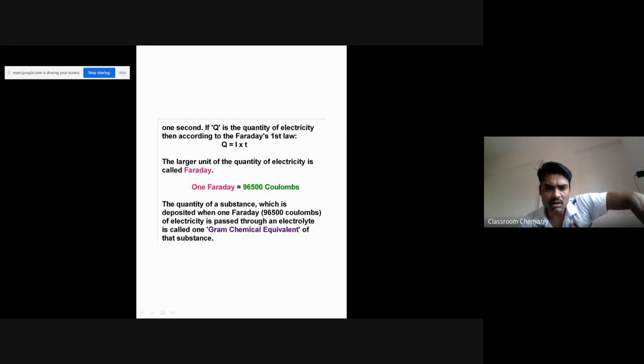Deposition generally takes place on the cathode, where 96,500 coulombs of electricity is passed through an electrolyte.